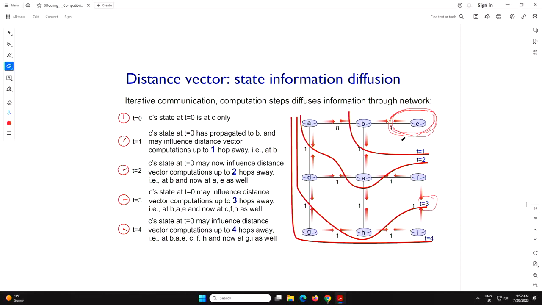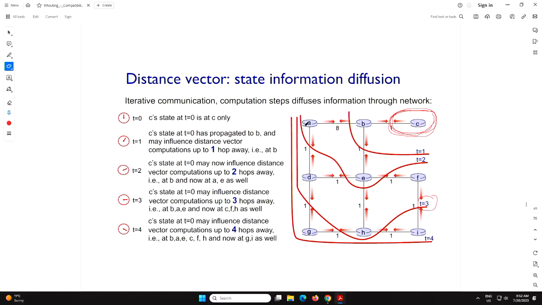You're saying at T1, B receives C's information, so C is influencing B. At T2, because B is now broadcasting, C's information is influencing A and E. And your question is, how about C itself? It also should be receiving. So at T1, C gets influenced by B only. And then at T1, B is getting influenced by A as well. So at T2, when B sends again to C, C is getting influenced by A. So it's both ways.